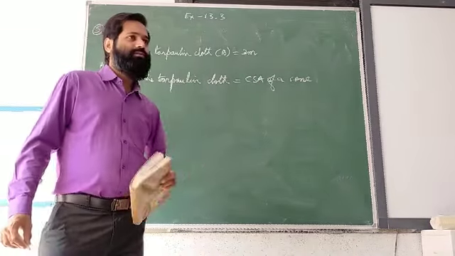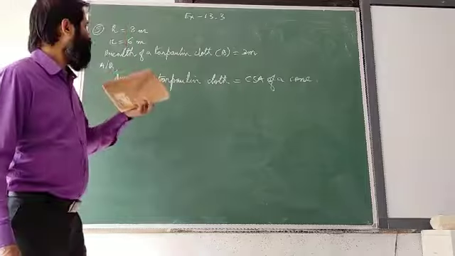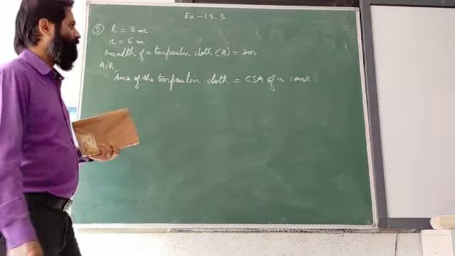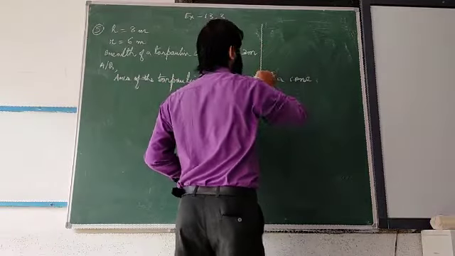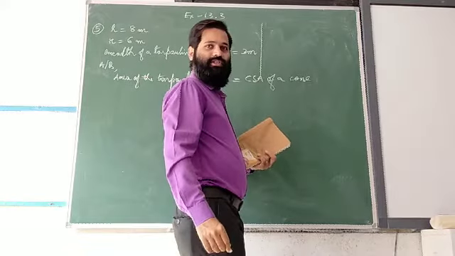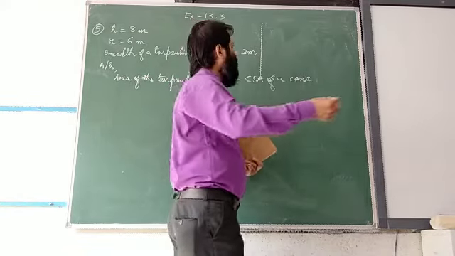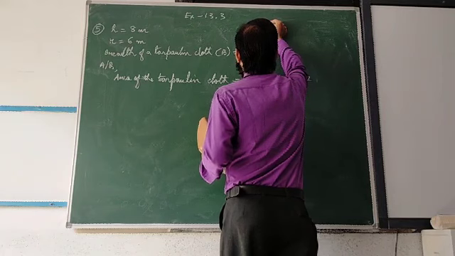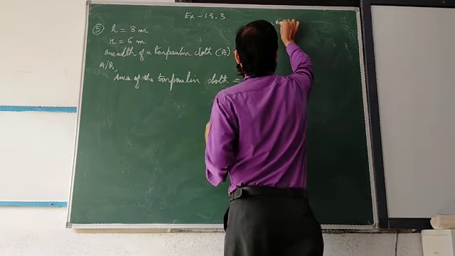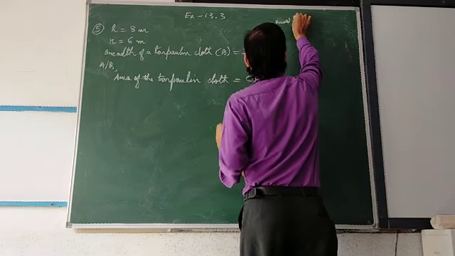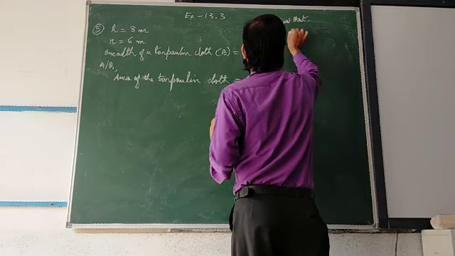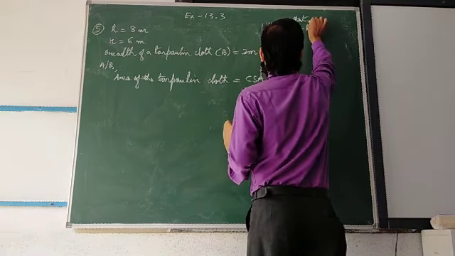CSA of a cone is pi r l. Do we have l? No. So we miss this one. We have space on the right hand side, so write small. We know that L square is equal to R square plus H square.